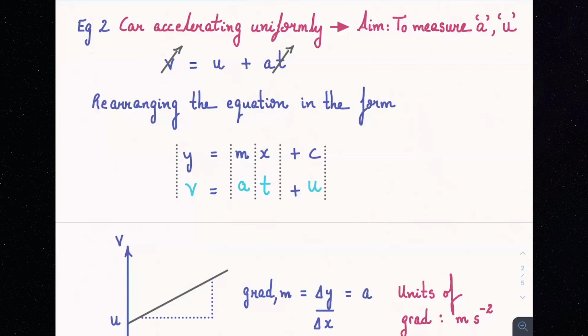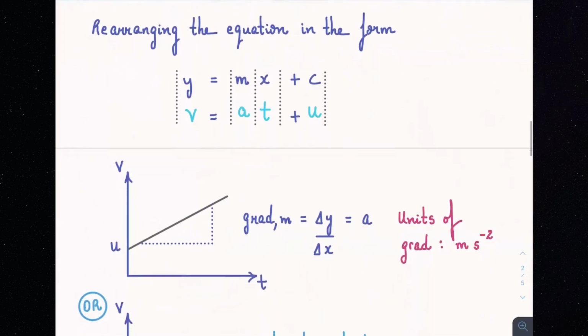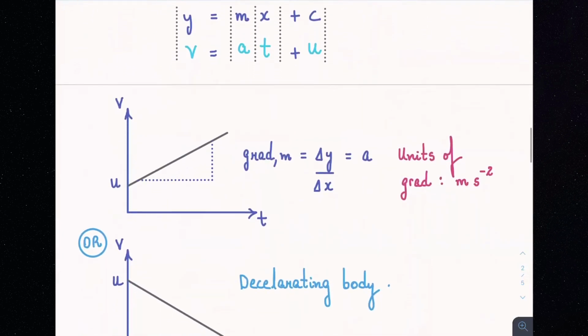The equation is hence telling us that a graph of v on the y-axis against time on the x-axis would be, first of all, linear and with a gradient equivalent to the car acceleration. Moreover, the y-intercept would give us the initial speed of the car.